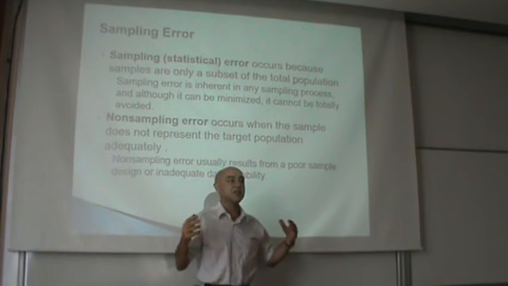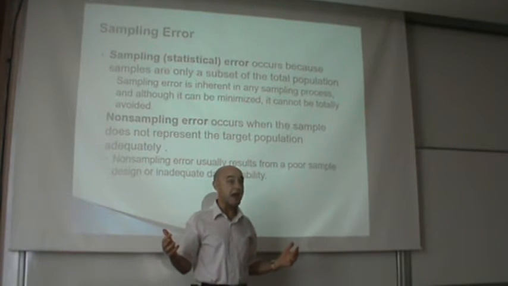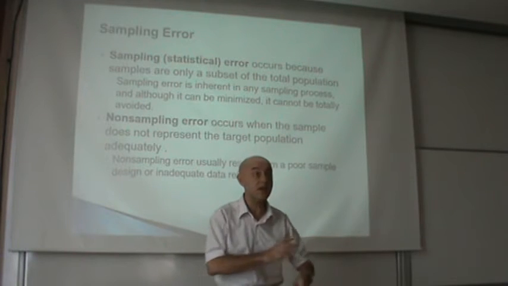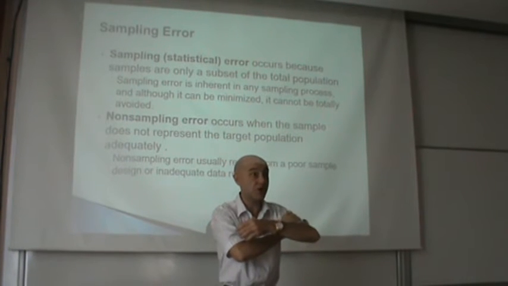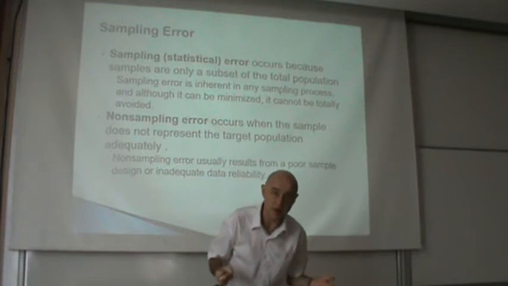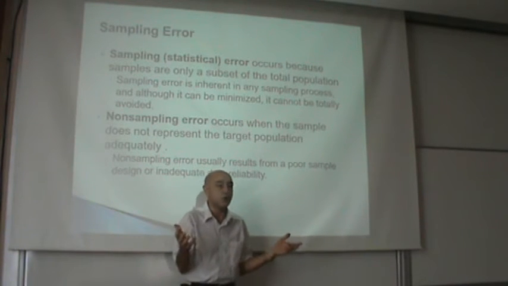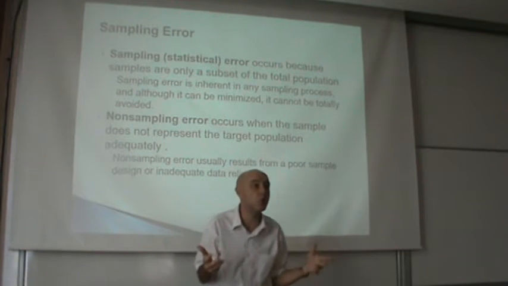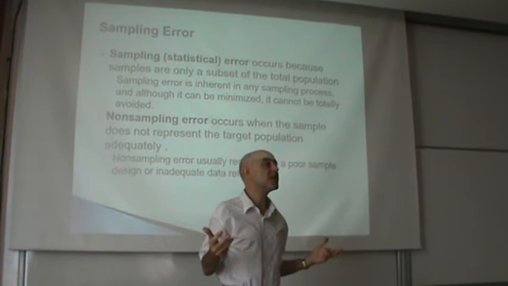You go to the stadium and you take a sample of blood pressure from the people who are exercising at the stadium. Well, that's clearly, these are people who are exercising.